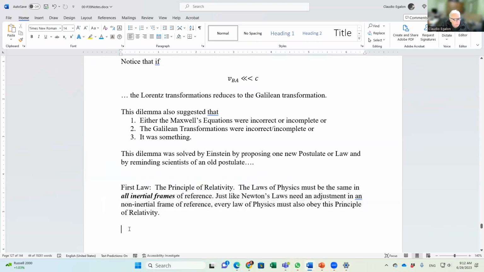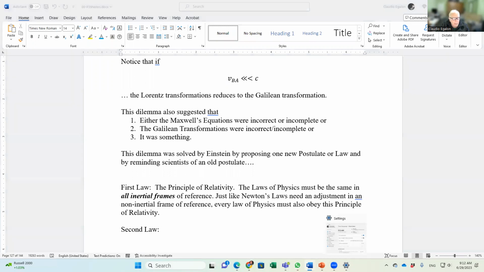And then we have the second law. That was surprising. No scientist could believe that. Even today it is difficult for us to grasp, especially if you are exposed to it for the first time. Okay, second law.